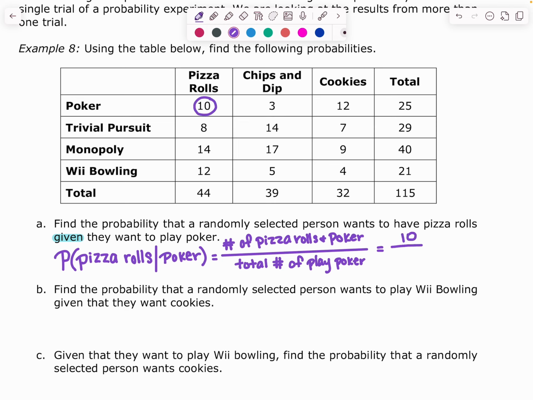Then we divide that not by the overall total anymore, but now just by the total that want to play poker. So that's 10 over 25, which gives us 0.4 for this probability.